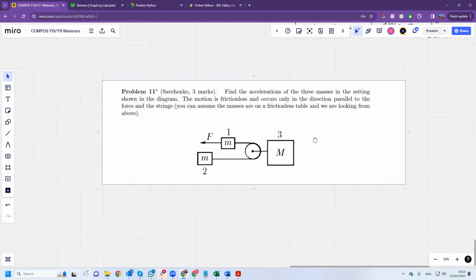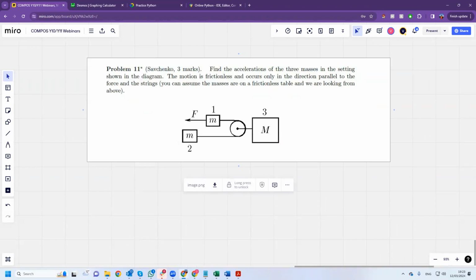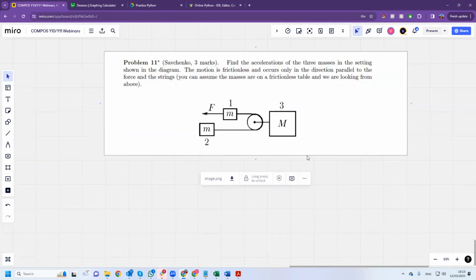I don't know how to determine whether M2 or M3 will be moving. Well, you don't know, but you assume they are. But it is a frictionless table, so they will be moving.